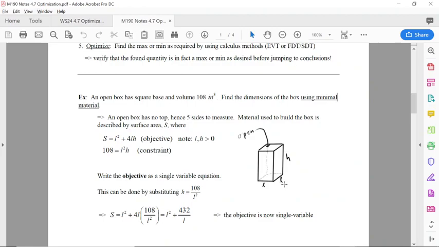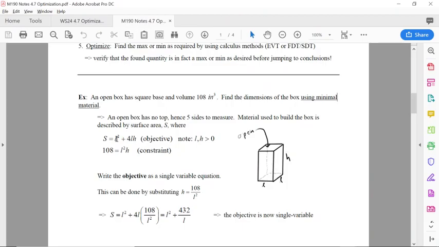For instance, maybe the base is a little more expensive because it has to be produced out of a sturdier material, just as an example. Maybe the base has to be produced out of metal, but the sides out of wood, or some other kind of material, or just a different thickness of material, or something that's less dense than the base.